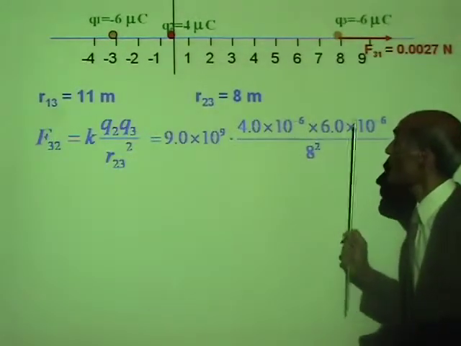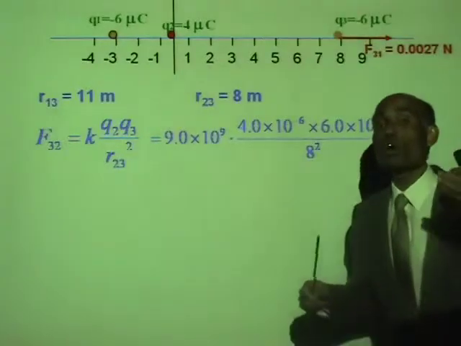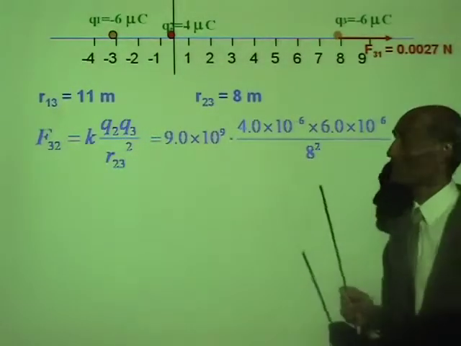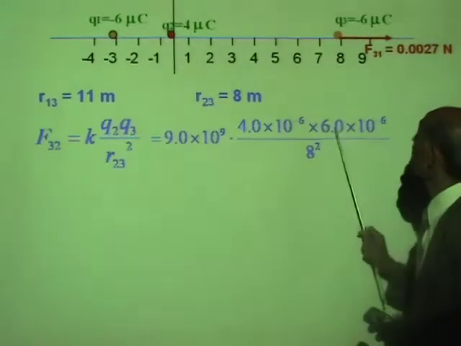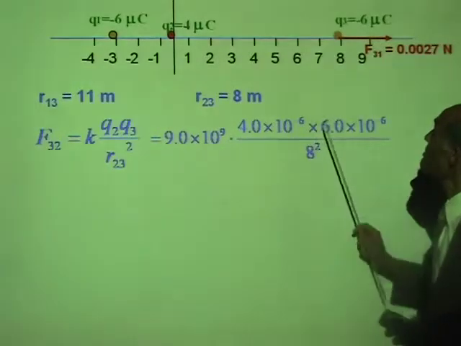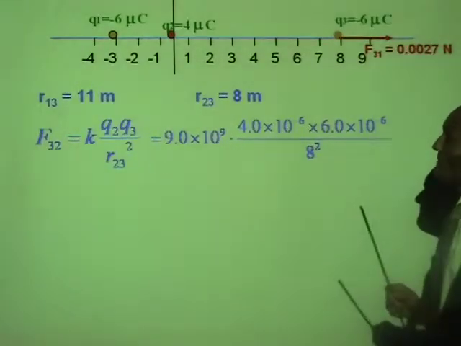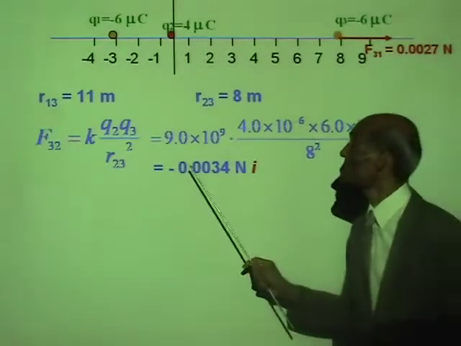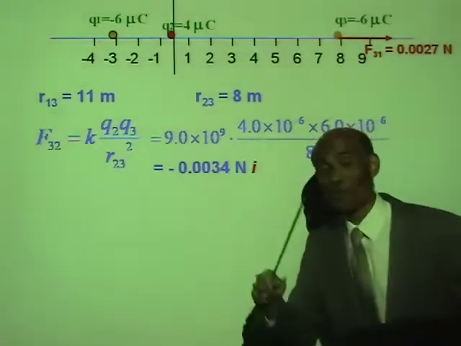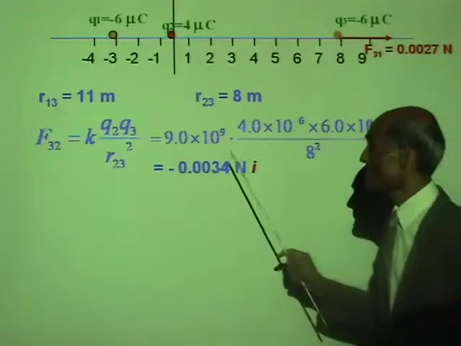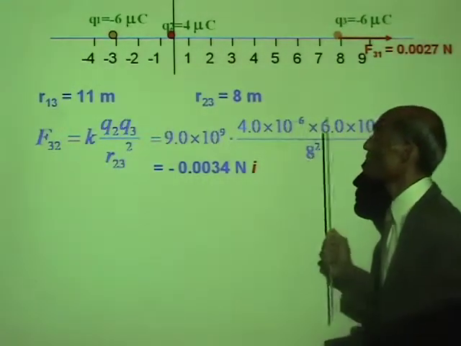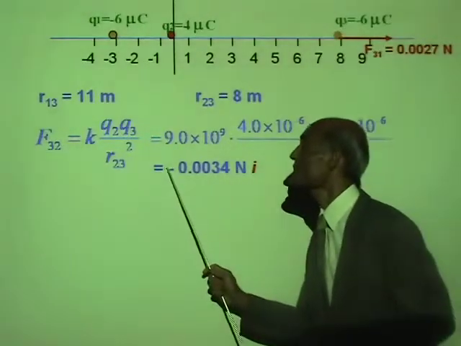Remember, the units have to always be charge in coulomb, so microcoulomb has to be converted to coulomb. And Q3 is 6 times 10 to the negative 6 divided by 8 squared, the distance between them. And that is negative 0.0034 Newton. Now, how did I know that the force is negative? Where did that negative come from?